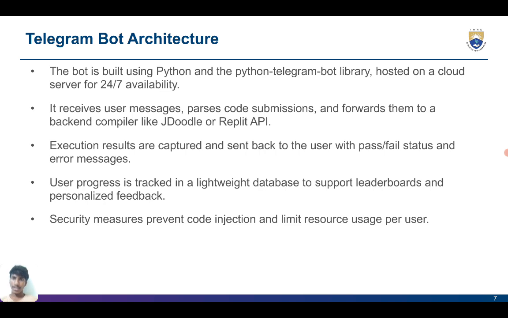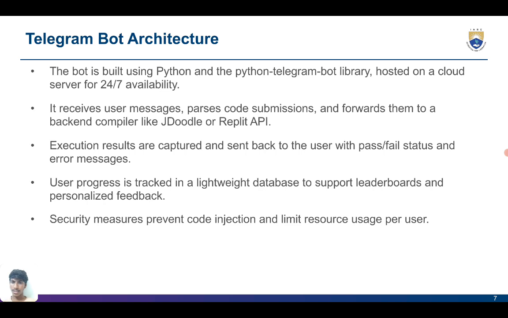Telegram bot architecture. The bot is built using Python and the Python Telegram bot library hosted on a cloud server for 24 by 7 availability. It receives user messages, parses code submissions, and forwards them to a backend compiler like Judge0 or a similar API.